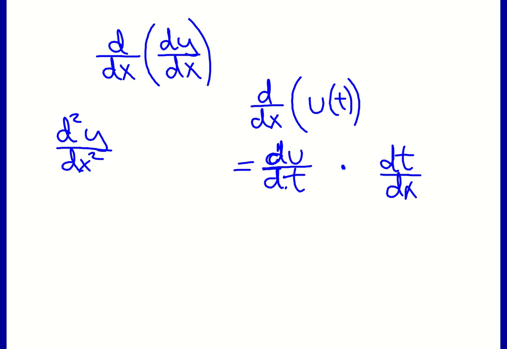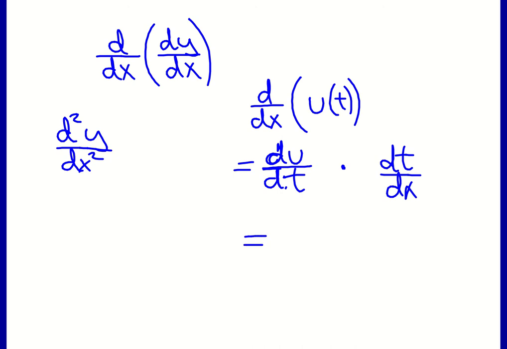Again, if you think about the algebra of this, you could say, oh, look, the dt's cross out, and you get du/dx, which is what I would want here, right? That is really an incorrect way to think about it, but it works if that's what helps you remember that. But the thing is, I don't have the derivative of t with respect to x, but I can take the derivative of x with respect to t. In fact, I already have done that.